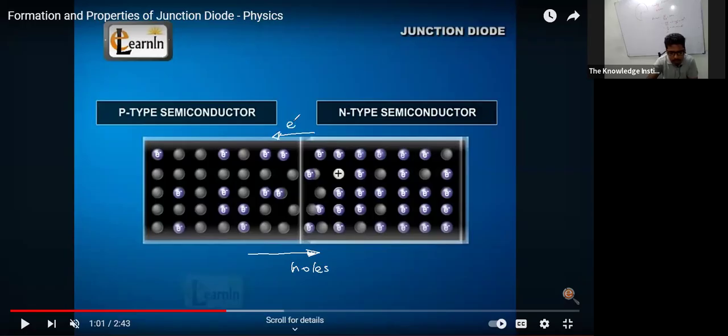Electrons, I put E. Okay, so in electricity you have studied that current is the flow of positive charges. Now what happens here is that holes are moving in this direction.